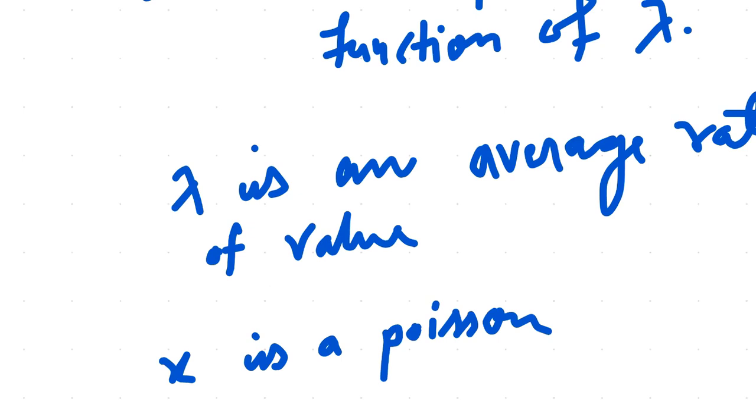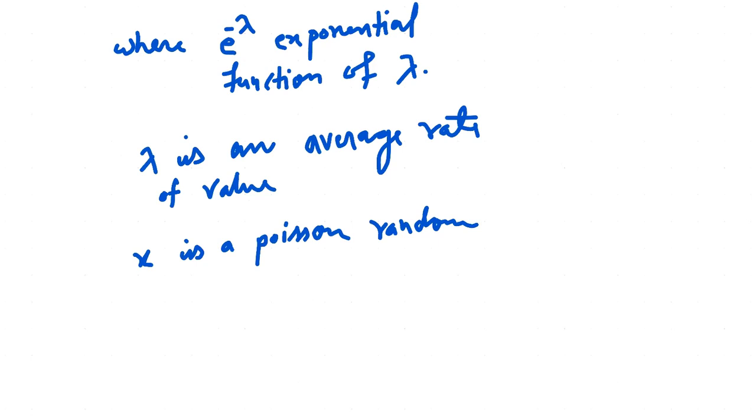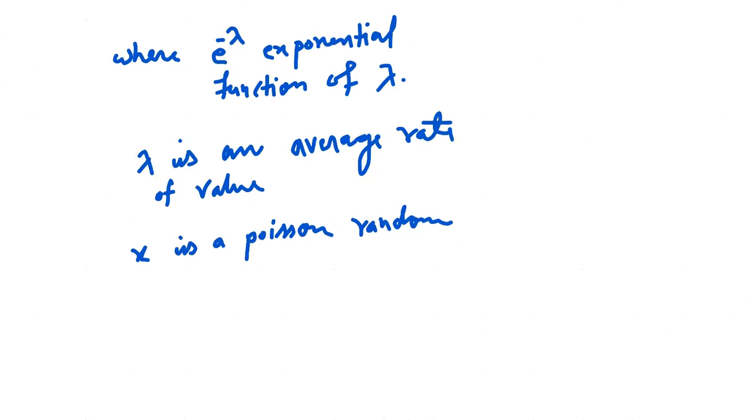They'll mention by using Poisson, or they can say if X is a Poisson random variable, or they can mention by using Poisson distribution. But sometimes, rarely, they'll give you without using these words. Then if they give you an average rate, you will understand that we need to use Poisson distribution. Okay.